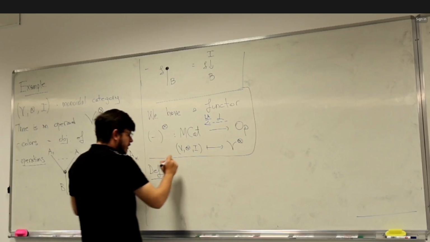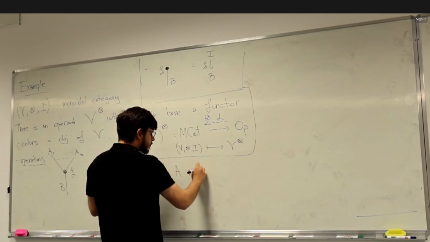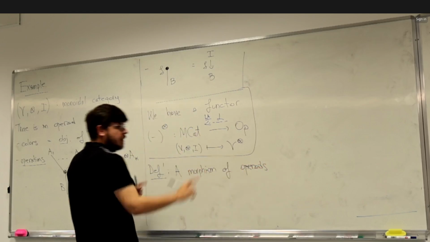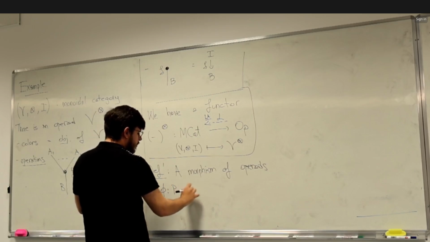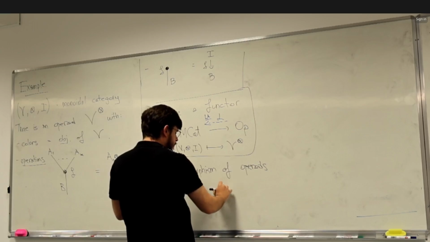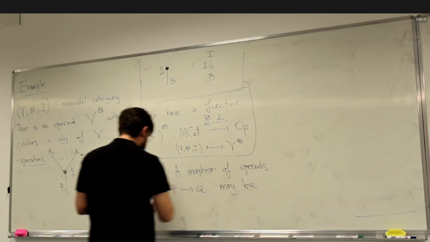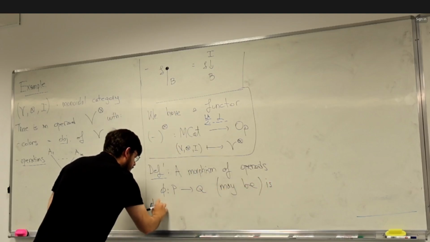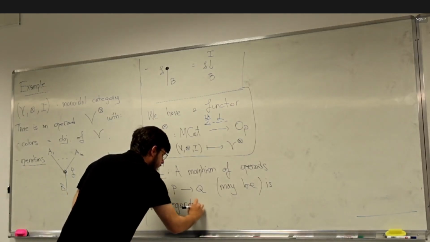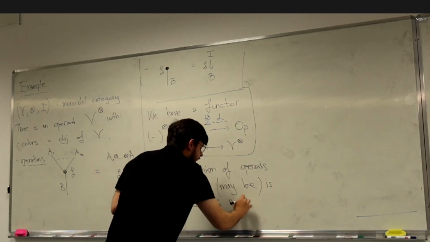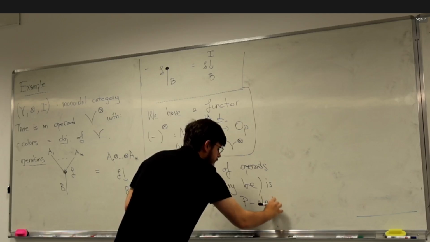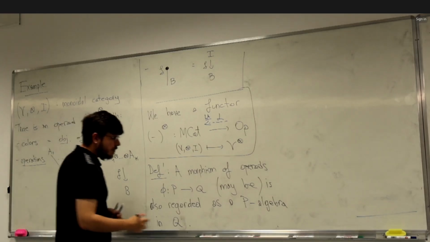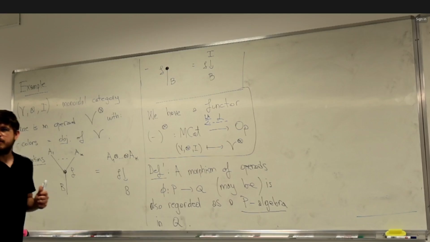Okay, so a morphism of operads, phi from P to Q, is also regarded as a P algebra in Q. So this is just a change of terminology really, but this notion of algebra is important.